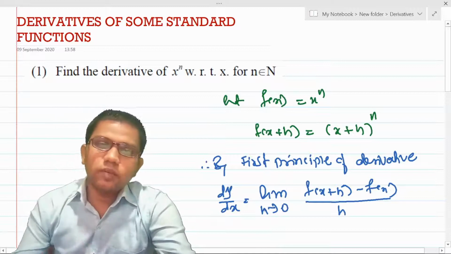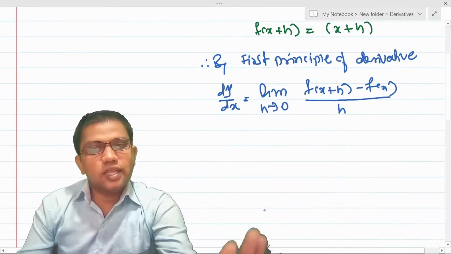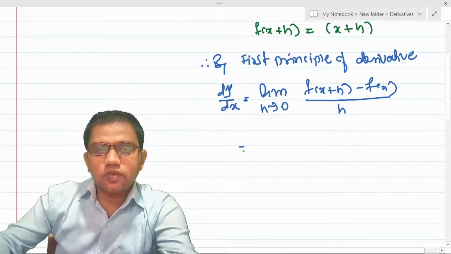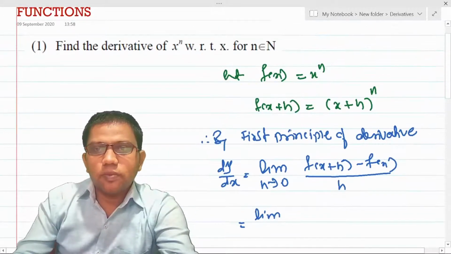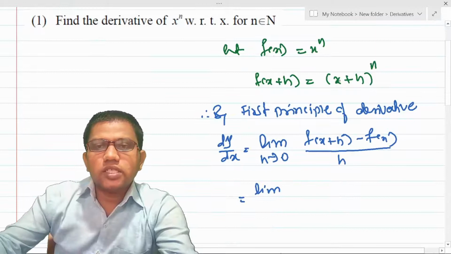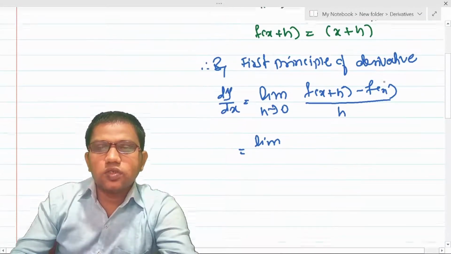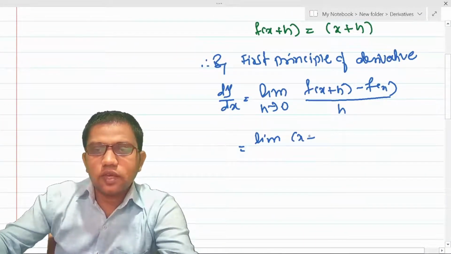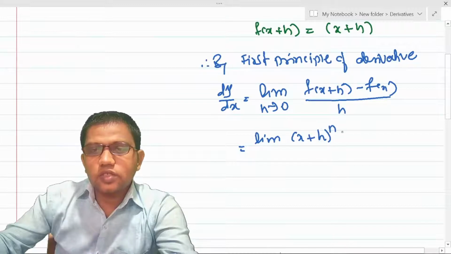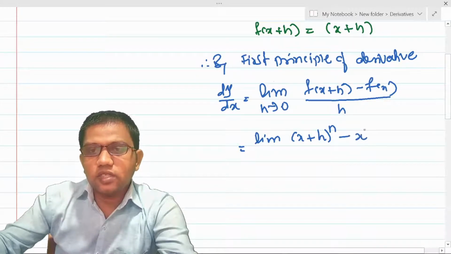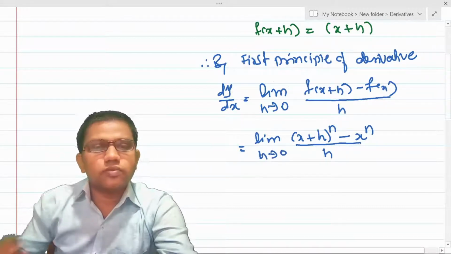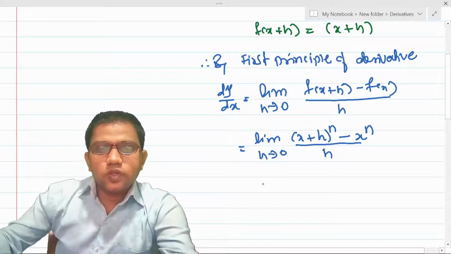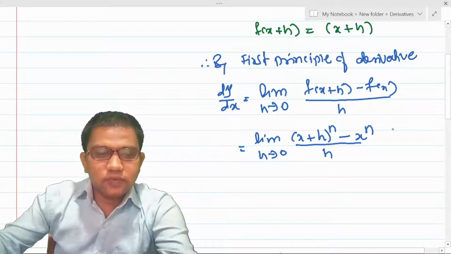So replace the values of f of x plus h and f(x). This is equal to limit, where f of x plus h is nothing but x plus h raised to n, minus f(x), which is x raised to n, divided by h as h tends to 0. Got it? Call this equation 1.